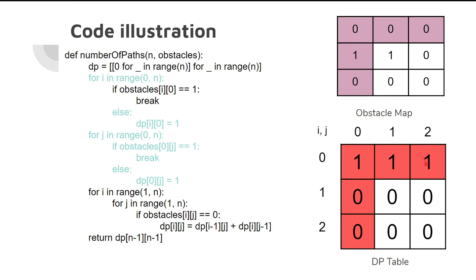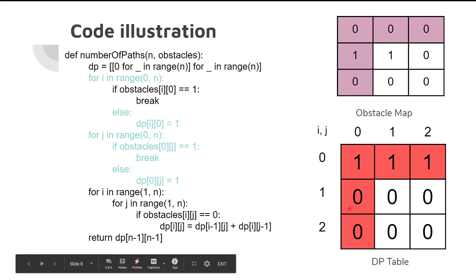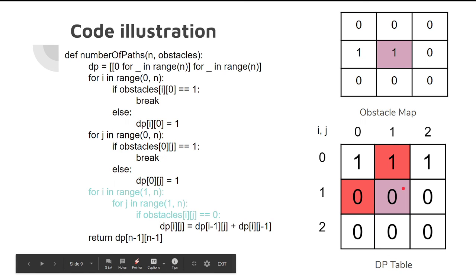You go through each cell, and since there's no obstacles, every one of them is 1. And now you look at the side. You fill, and then since this has a 1, an obstacle, you break, and this will stay 0.